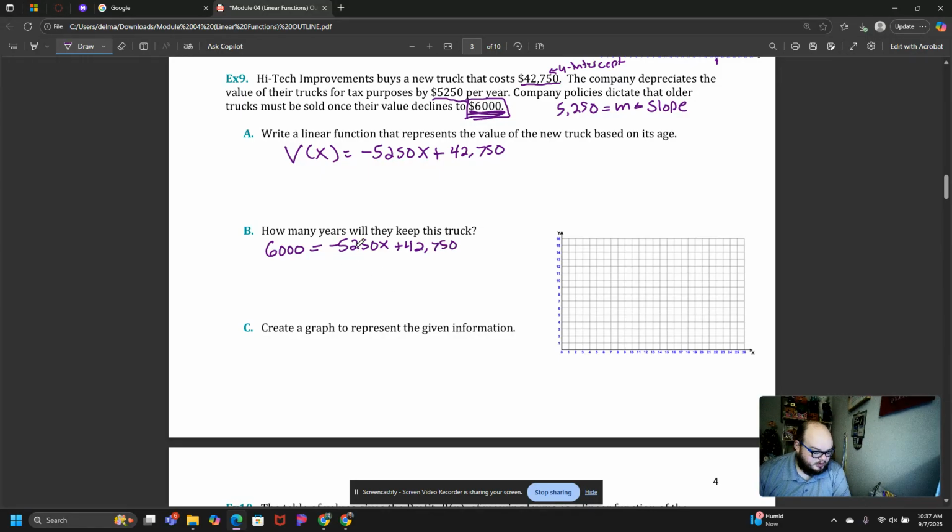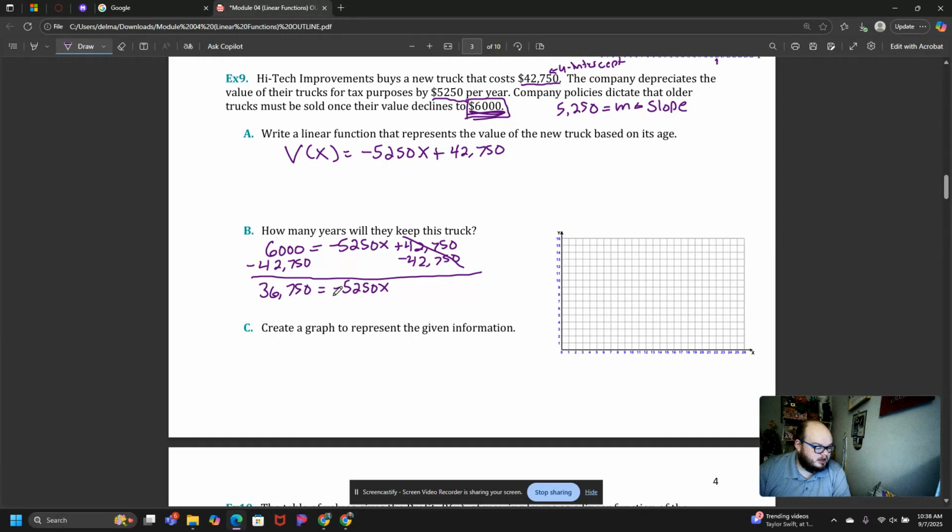Okay, so the first thing I've got to do is I've got to subtract, because I'm trying to get X. X is the number of years. And again, when I subtract that, I get 36,750. Negative 2,550.